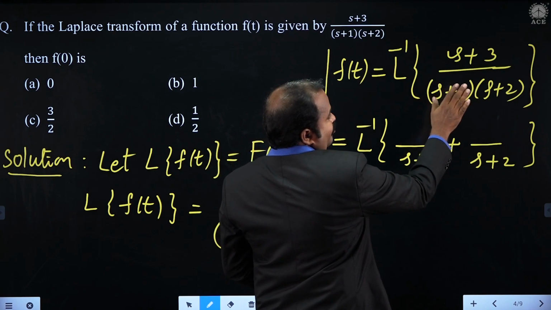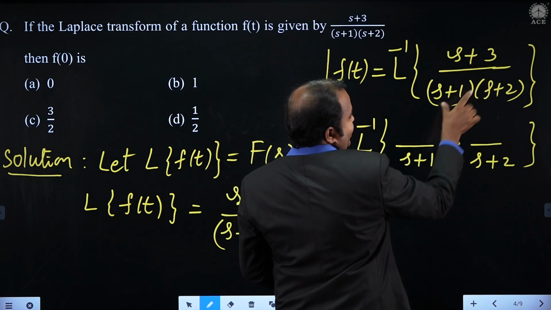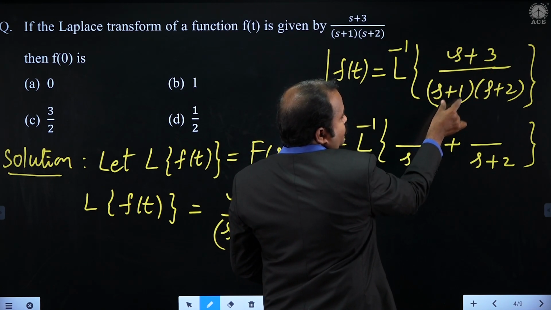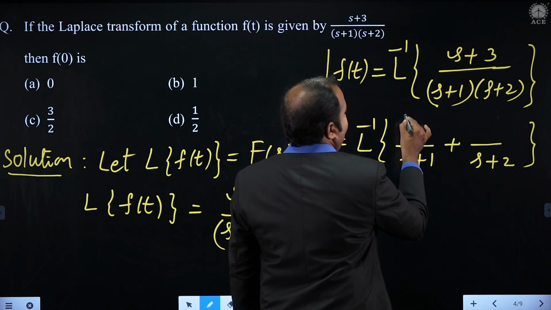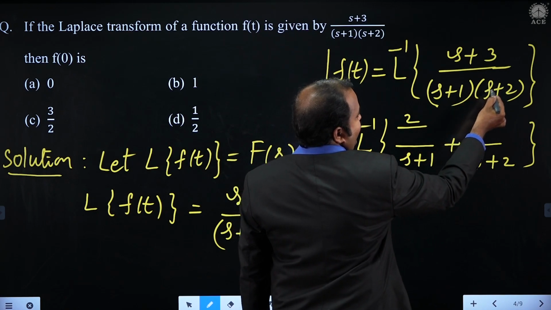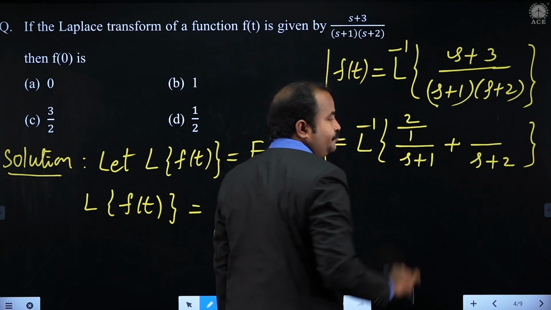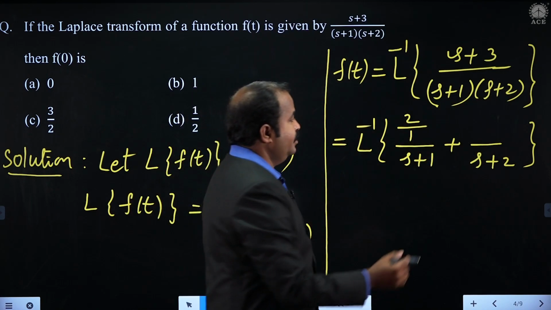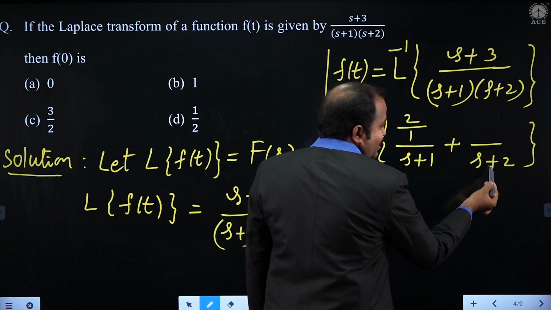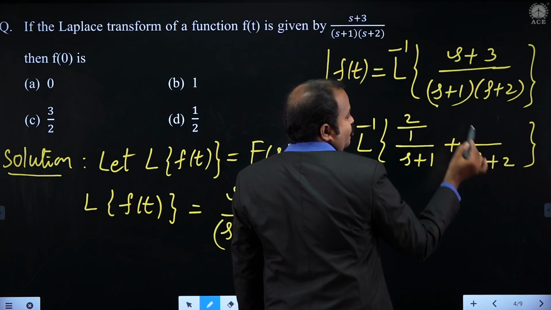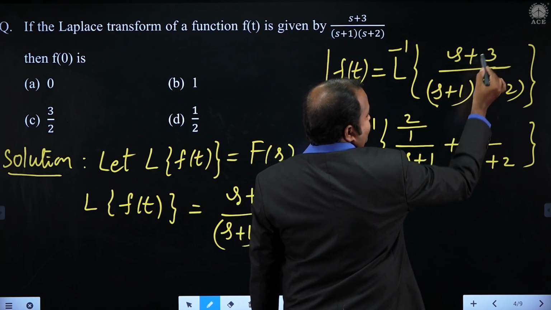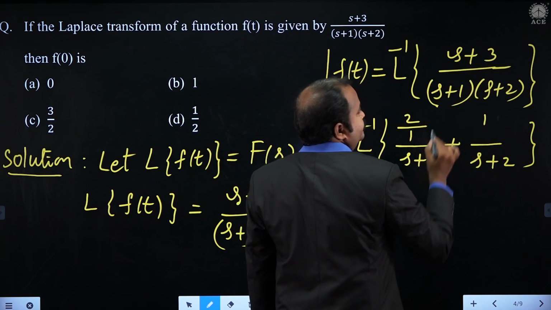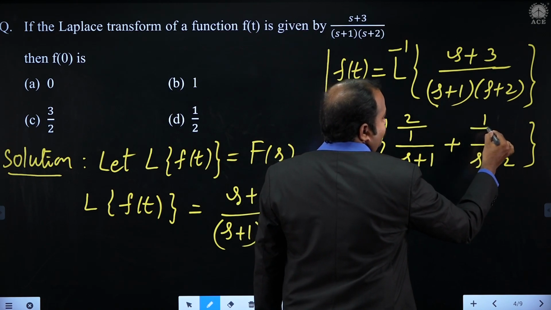So put s equal to minus 1 in this function except this part. So minus 1 plus 3, 2 numerator, by minus 1 plus 2, 1. Similarly, s plus 2 is 0 for s equal to minus 2. So put minus 2 in this term: minus 2 plus 3, 1, by minus 2 plus 1, minus 1.